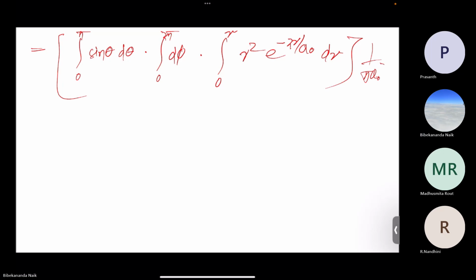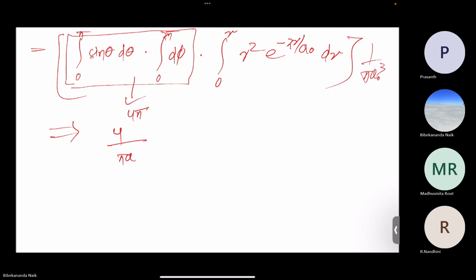This spherical polar part integration gives you 4 pi.